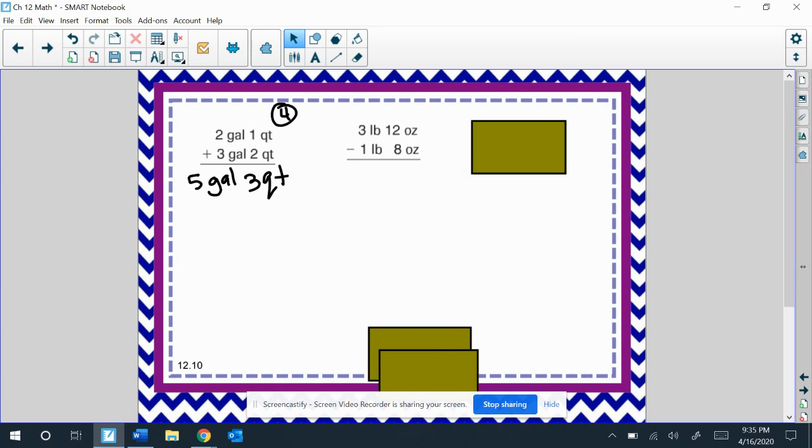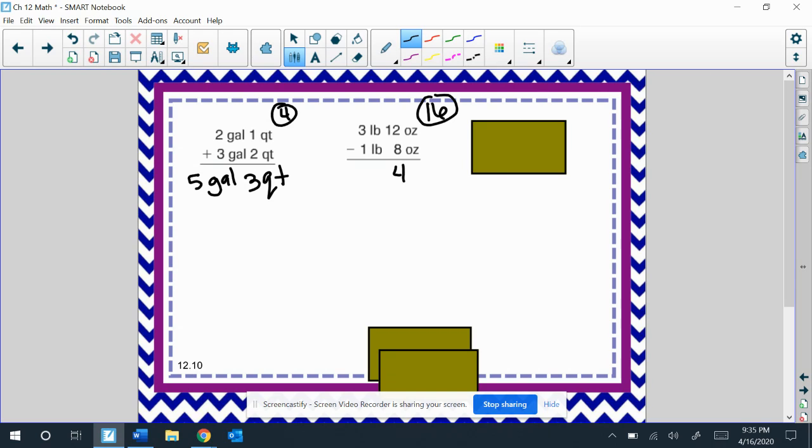Let's give this one a try. All right, let's see how you did. On your paper, you have this with pounds, ounces, the number 16 in the corner. Okay, we put this in there just in case. Let's see, can we subtract this? Yes, we do not need to regroup. Well, 12 subtract 8 is 4.